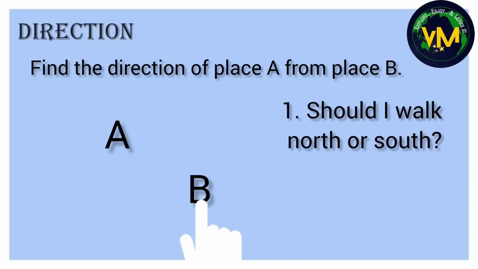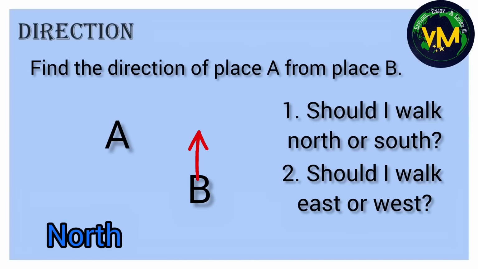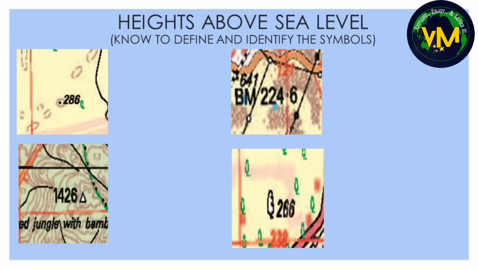Should I walk north or south? In this case, I have to walk north. And after going north, answer the second question. Should I walk east or west? So in this case, I should walk towards my west. Remember, eating hand side is east and the other side is west. Answer is northwest.